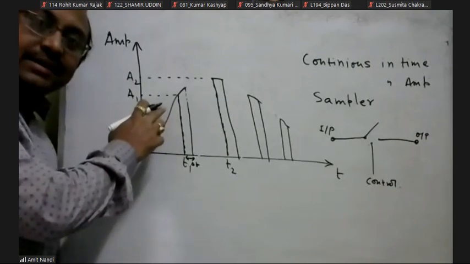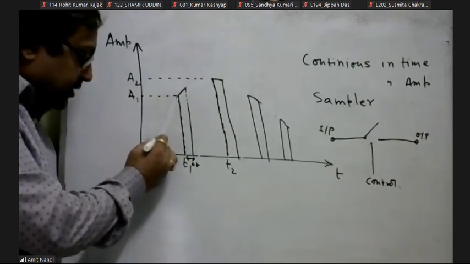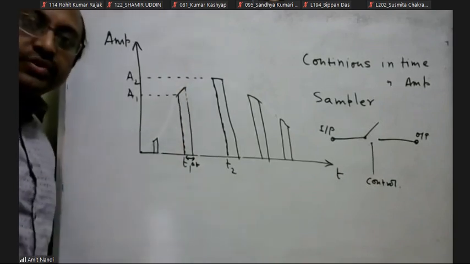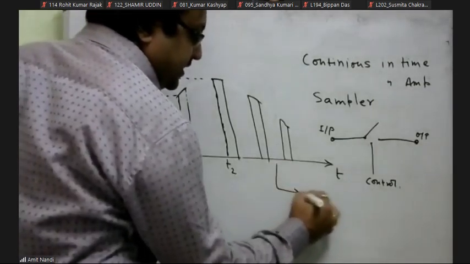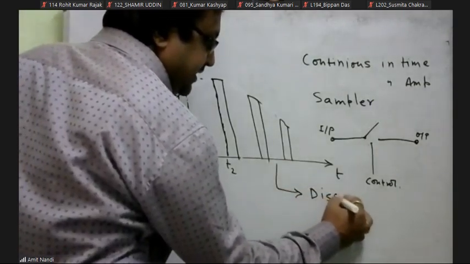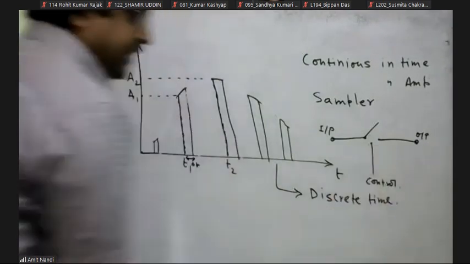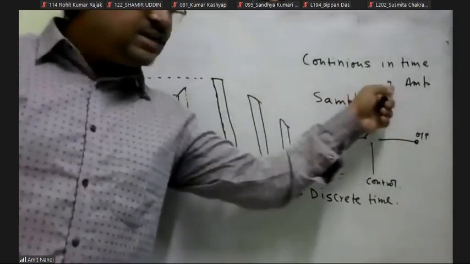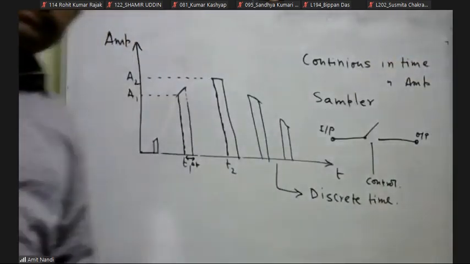So that signal is discrete in time but continuous in amplitude. This type of signal is called a discrete time signal. So a discrete time signal is continuous in amplitude but discrete in time.